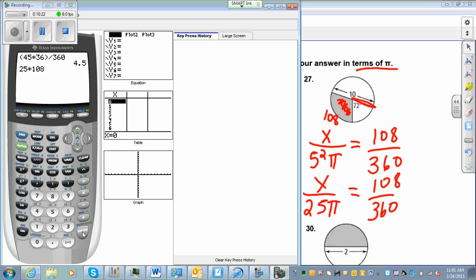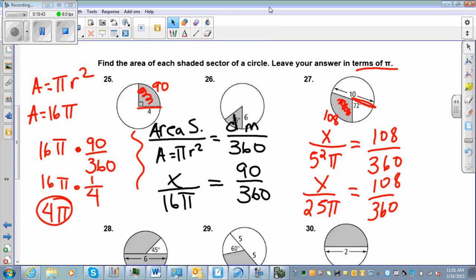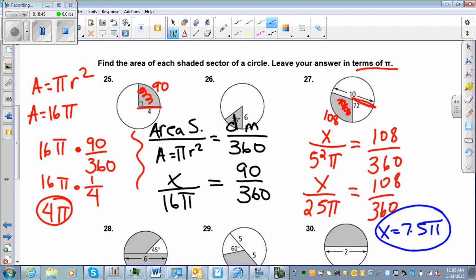That would give you 2700. So divide that by 360. And it will give you 7.5. So the answer would be 7.5 pi. So x would be 7.5 pi. So this would be your answer.